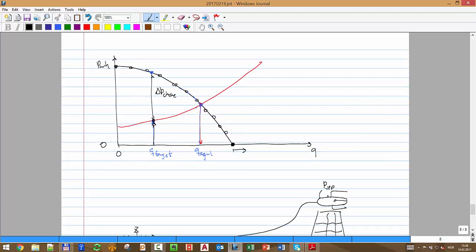If we have to say to the operator, please put exactly this delta P of choke, we come to the available curve with that rate that we want. We calculate the available pressure, P wellhead available. Then we calculate with the required curve the P wellhead required, and then we subtract them, right? And then we can tell the operator, please use a delta P of exactly 30 bar, 130 bar, whatever you want.